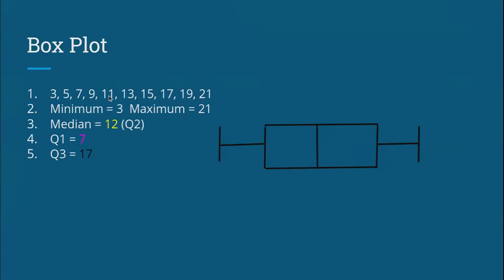You have 11 and 13 in the middle. So 11 plus 13 is 24. 24 divided by 2 is 12. So you would have to, in essence, put an arrow, because that is where 12 is.